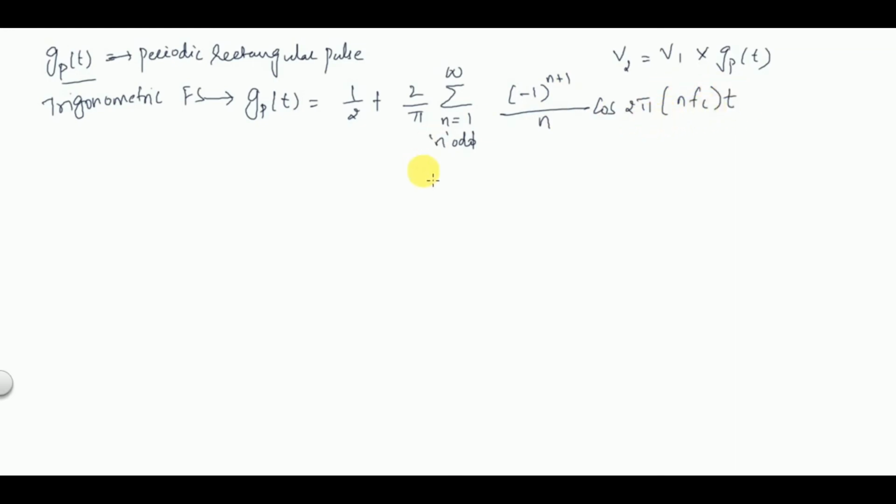Okay, so this is how we can represent Gp of t using the trigonometric Fourier series.